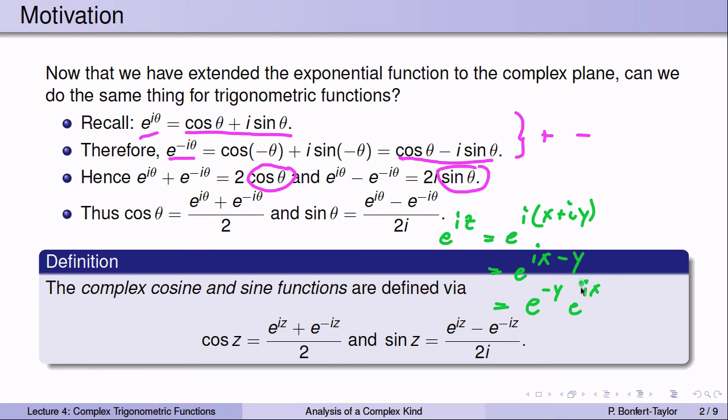You could rewrite this as e to the minus y times cosine x plus i sine x. And now we have expressed e to the iz in terms of purely real-valued functions. You could do the same thing for e to the minus iz, and so therefore cosine z can be expressed in terms of all real-valued cosine, sine, and exponential functions. And we'll do that later.